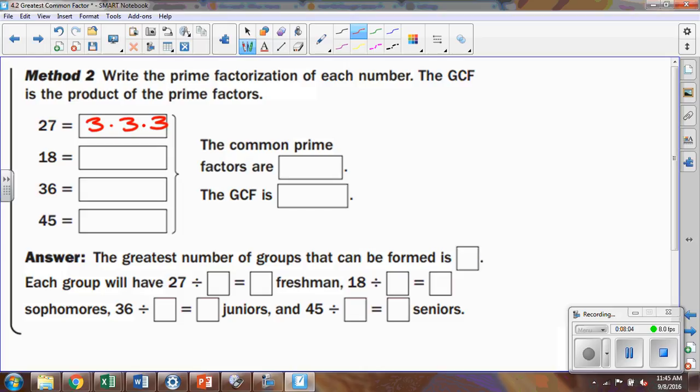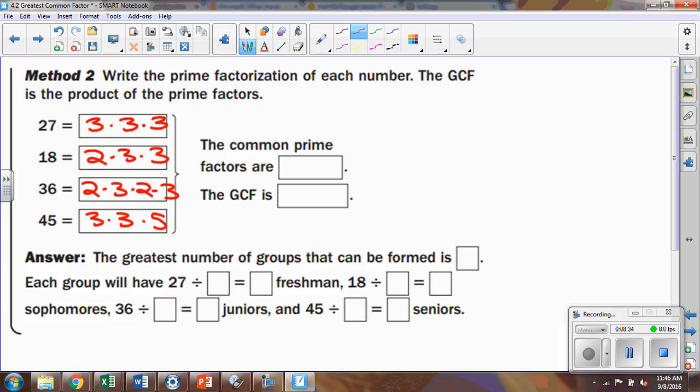Progressing forward with 18, 18 is 2 times 3 times 3. 36, 2 times 3 times 2 times 3, because it's 6 times 6. 45 as 5 times 9, 3 times 3 times 5. To get that list, I did a factor tree in my head.